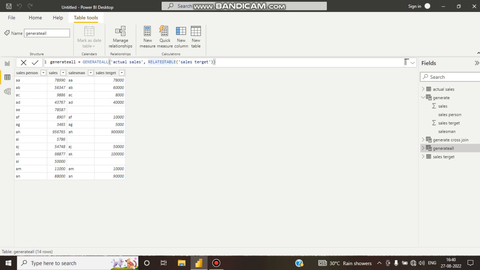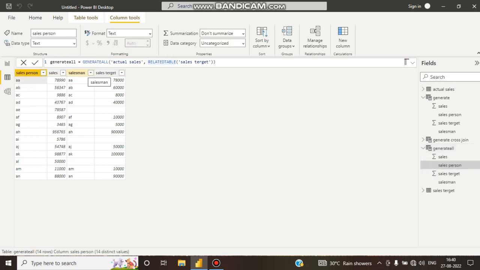So what does a left join do? A left join picks the common rows from both tables, and also picks the extra rows from the left table.